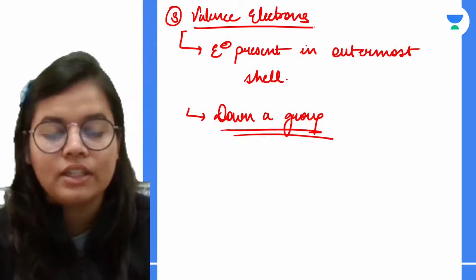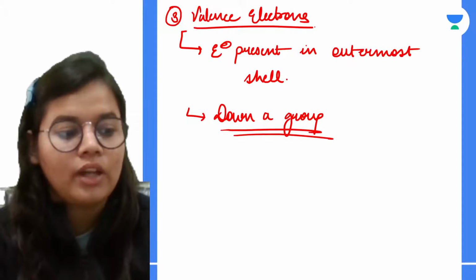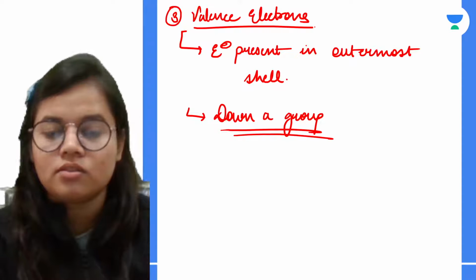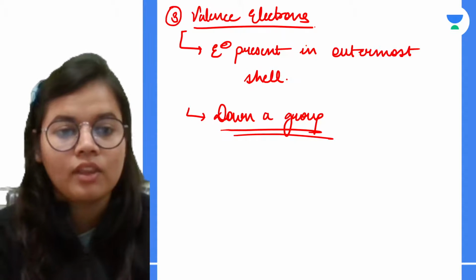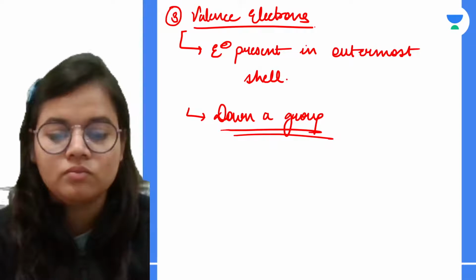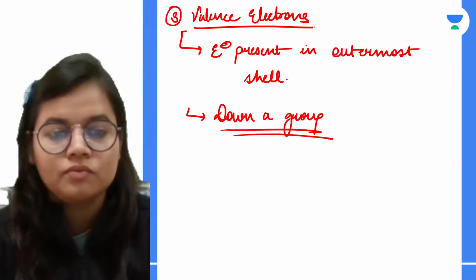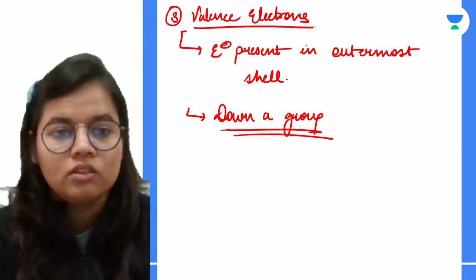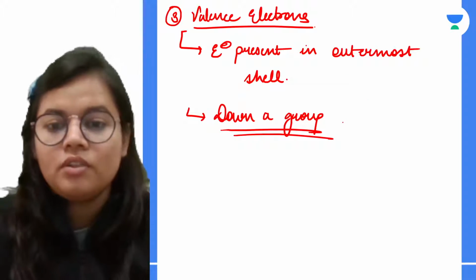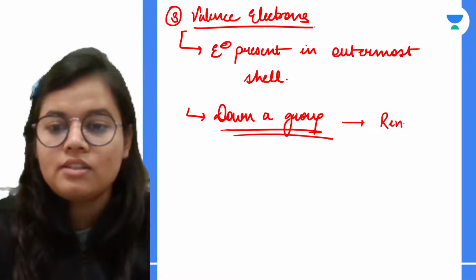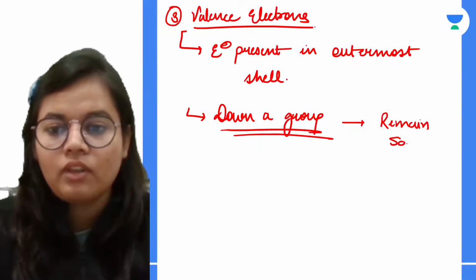The valence electrons increase, decrease, remain same? What happens? As we are moving down the group, the valence electrons remain same. है ना?